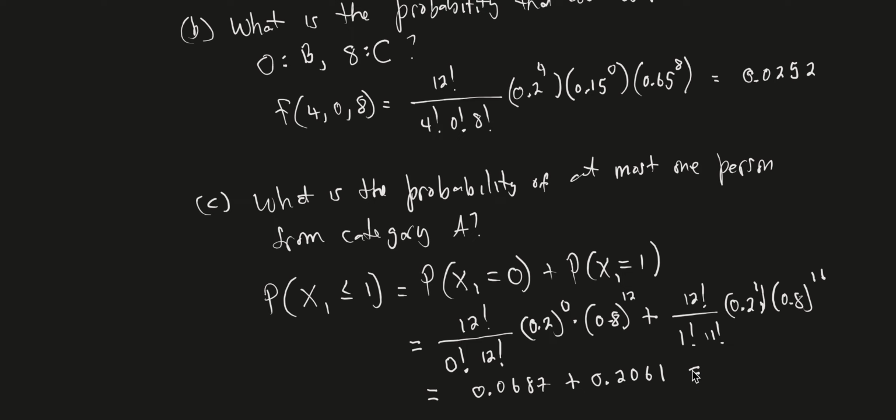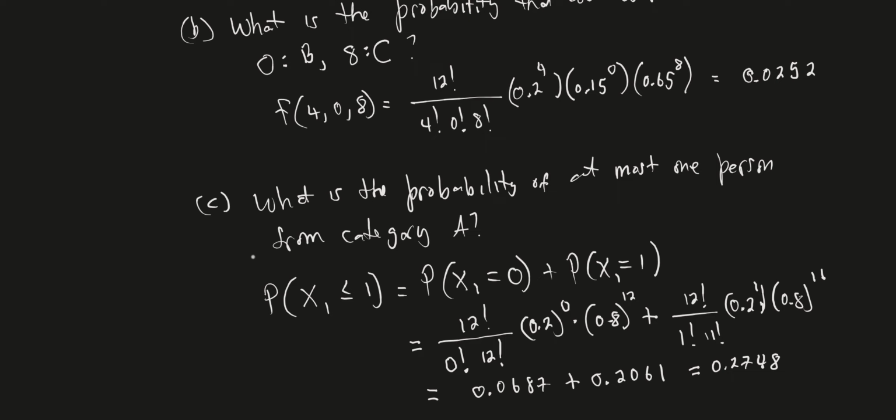Our final probability is 0.2748. So roughly 27.5% of the time we will observe at most one person in category A. So that's the multinomial case, as far as a few examples.